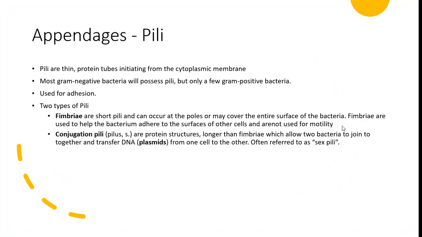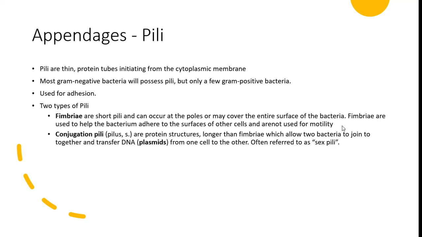Now, the other appendage that we discussed is the pili. The pili are not as long or as prominent as the flagella. They're thin protein tubes that are attached to the outside of the bacteria. Now, not all bacteria have pili, and when you do find them, it's most likely going to be on a gram-negative bacteria. Pili are not used for motion.